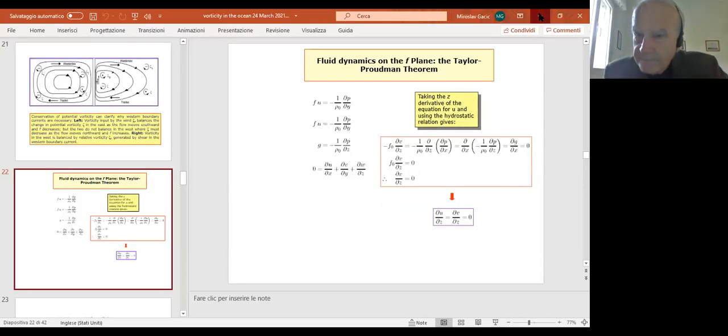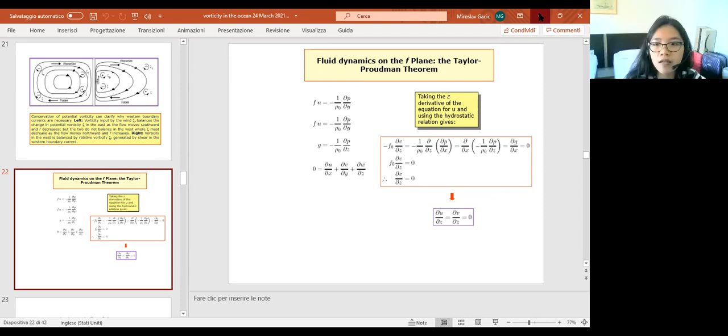No, that's not it. Here it is. Can you see it now? Wind-driven circulation. No, Professor. You don't see it? No, we see the Taylor-Proudman theorem.